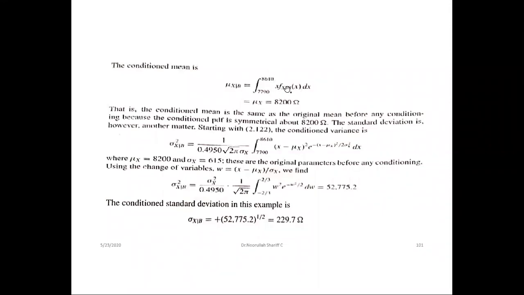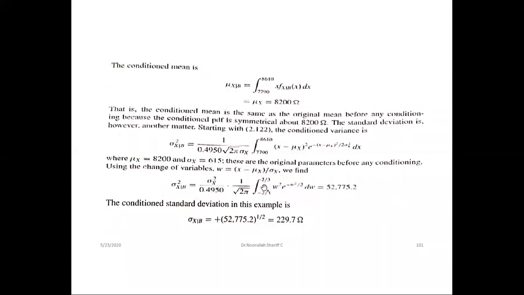That will give us the mean value 8,200. Similarly, we can find the conditioned variance, which will correspond to 1 by 0.4950, root of 2 pi sigma, integral from 7790 to 8690 of (x minus mu x) whole squared times e to the power of this quantity. You can try to solve this, and that will give us the value.